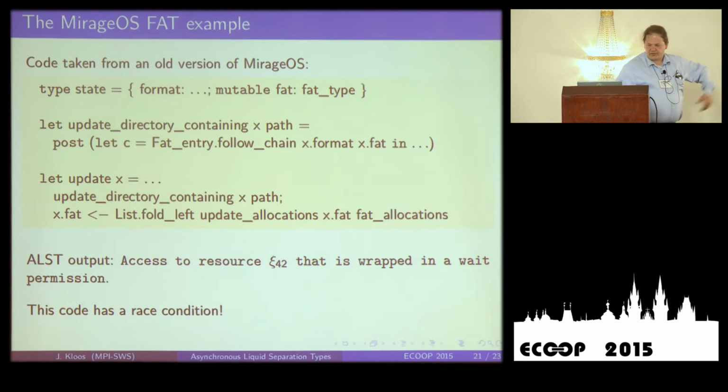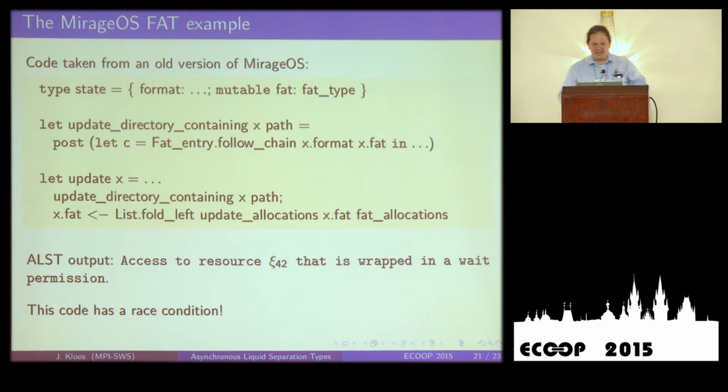That's the one given at the bottom. Amongst other things, if you write an update to this file system, you also have to update the directory of the file that you're updating to set access times and so on. That's what it did. And after that, it updated the cache copy of the FAT inside it.